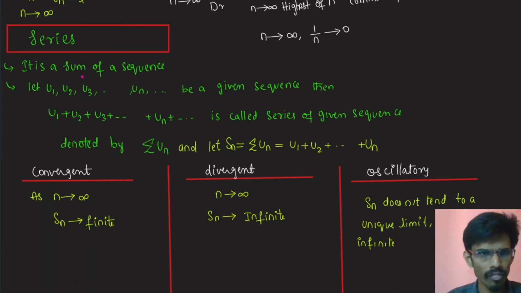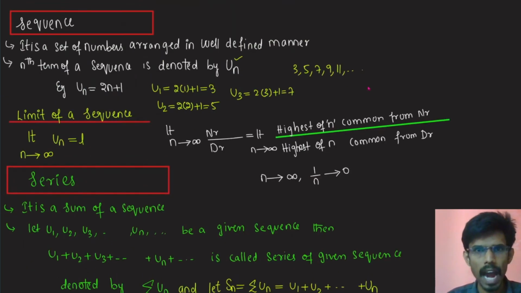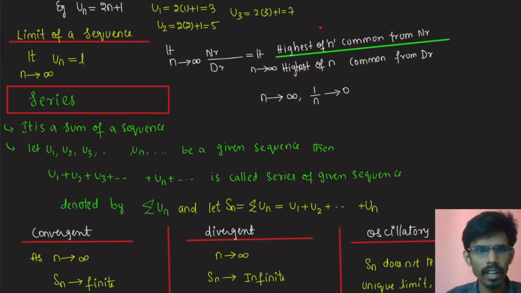Now we see the definition of series. It is a sum of a sequence. If we add all these terms, then we will get a series. That is, a sequence means we have u1, u2, u3, u4, and so on up to un and up to infinity for an infinite sequence. Now if I add all these numbers, we will get a series.